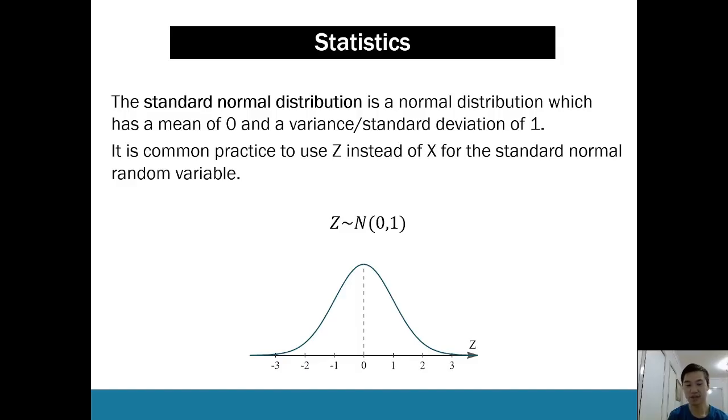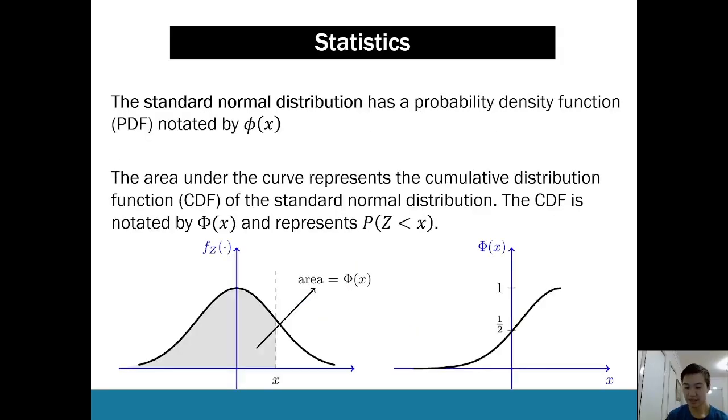It's common practice to use z instead of x for the standard normal random variable. And from Maths Advanced, the probability density function of the standard normal distribution, we notate it using this Greek symbol phi.